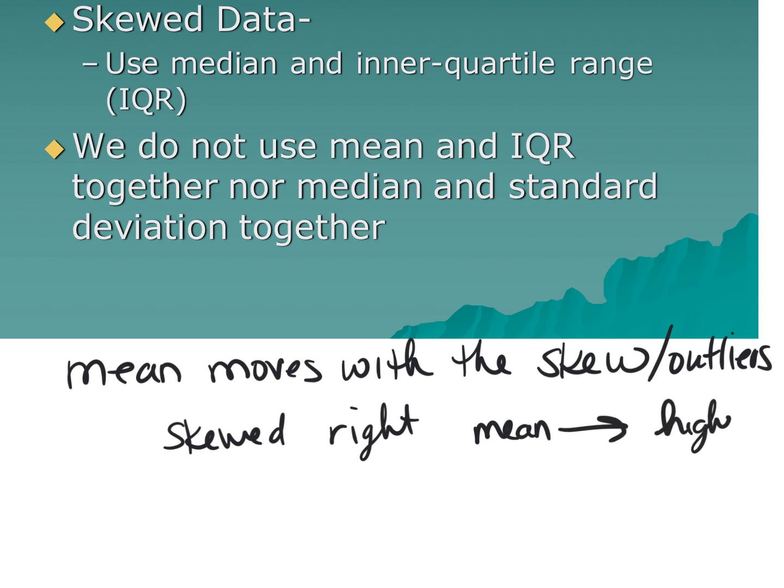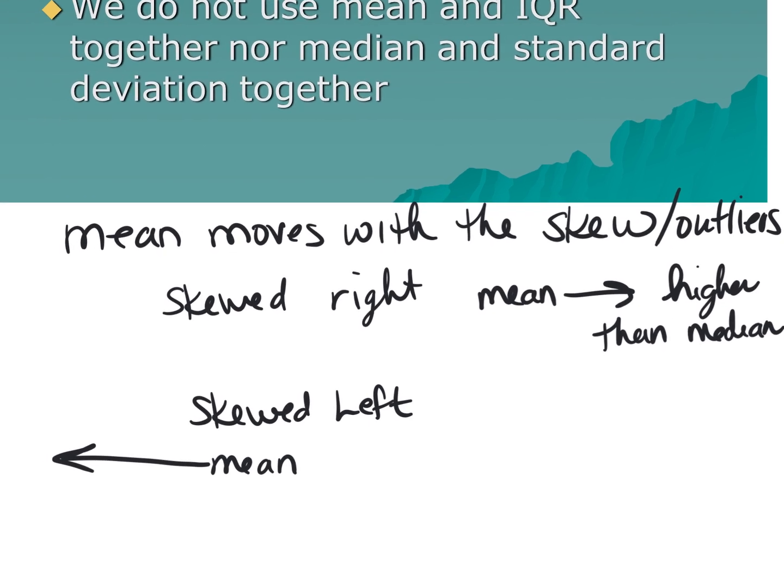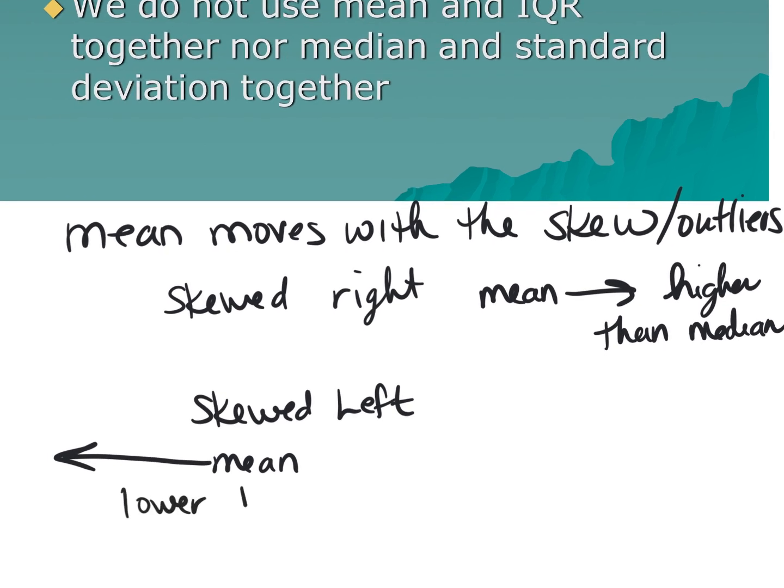It's higher than the median. If it's skewed left, the mean moves this way, and it's lower than the median.